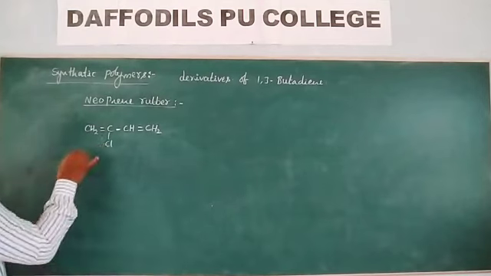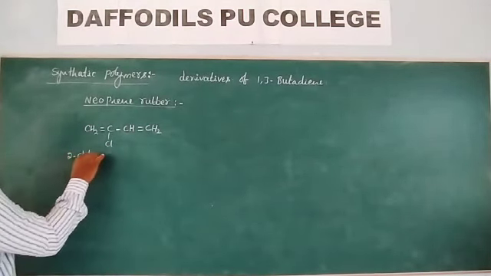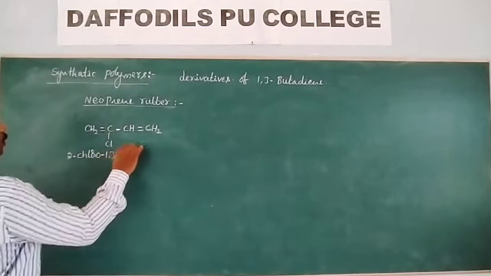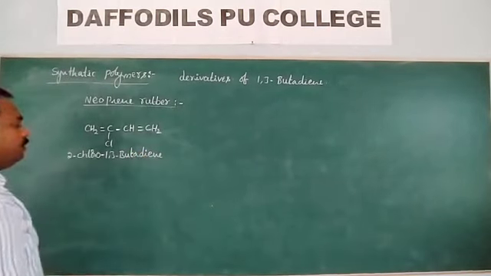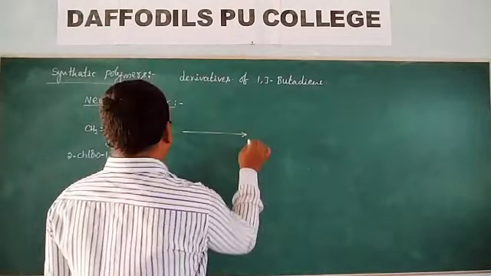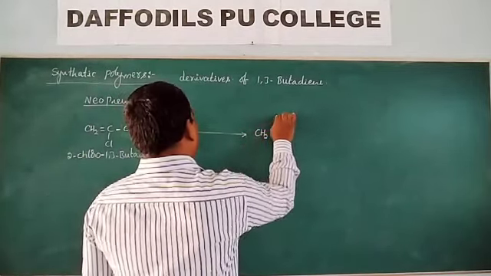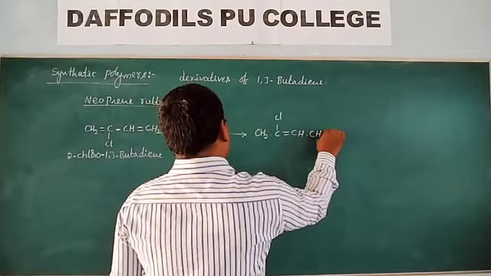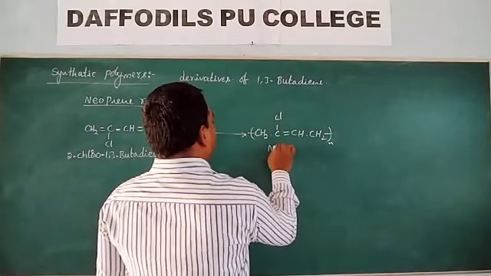This is 2-chloro 1,3 butadiene. Its polymer is this one. This is neoprene.